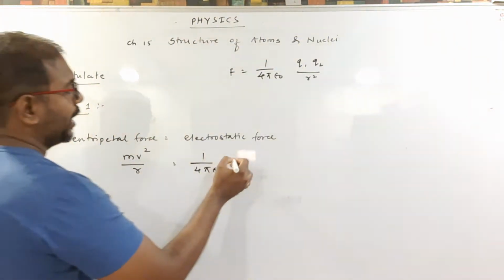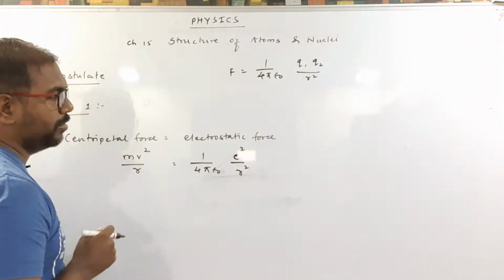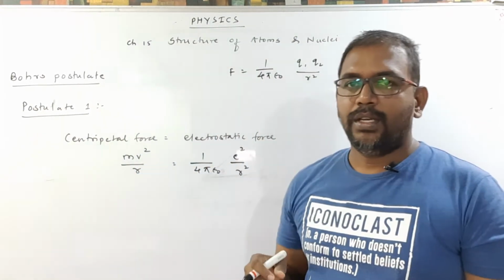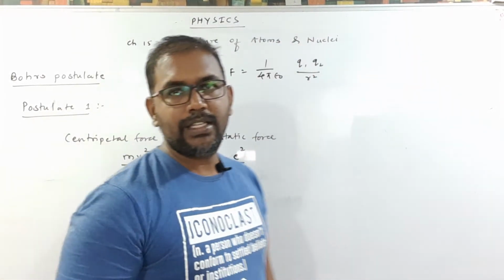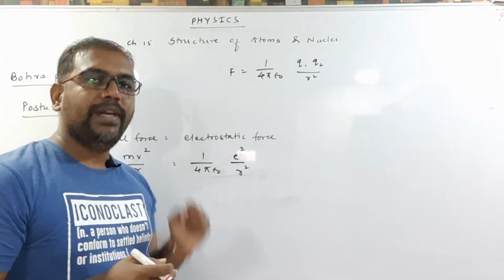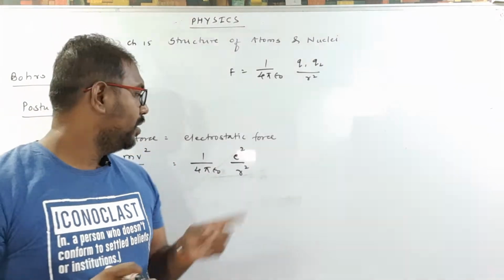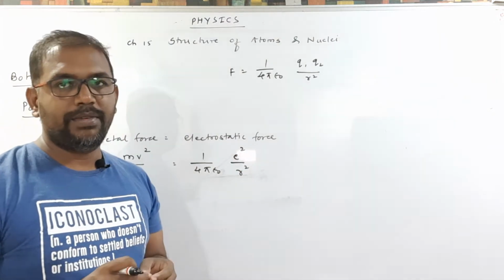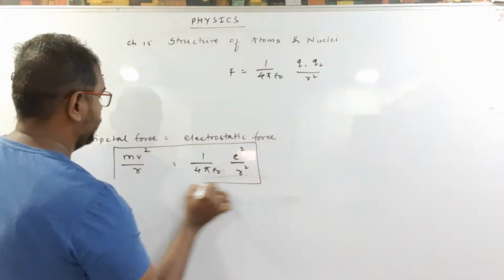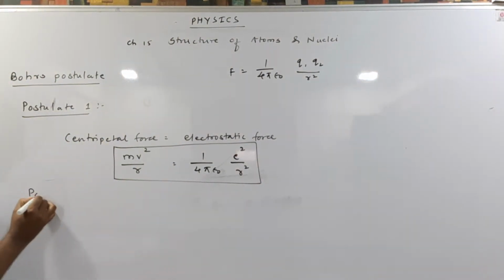The product of magnitudes of charge is e into e, so e square divided by r square. So we get this formula. If I consider any atom other than hydrogen, then I can write Z e square, where Z is the atomic number. So we get the formula for postulate 1.